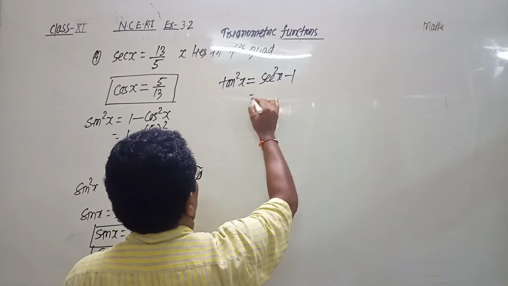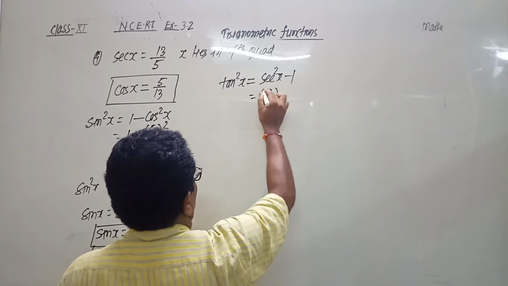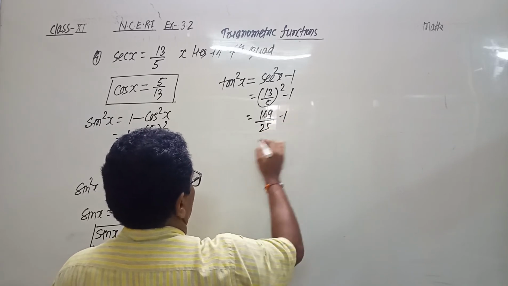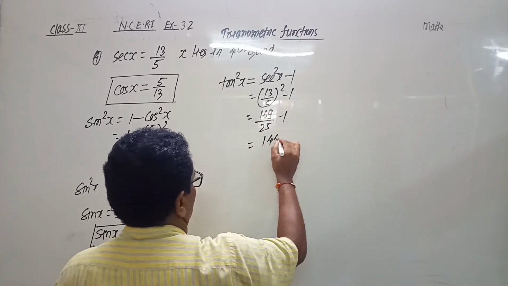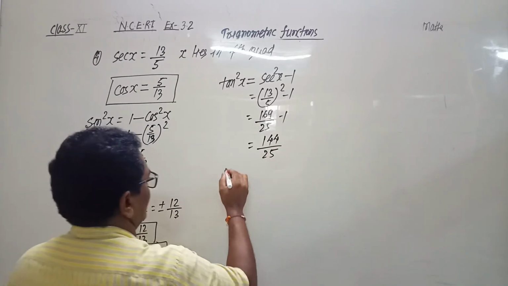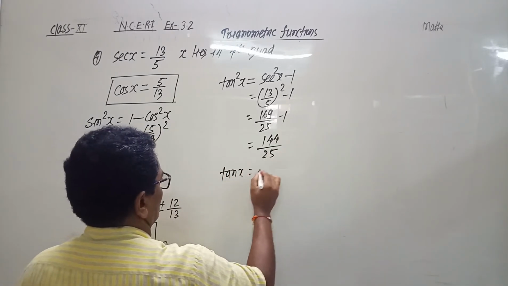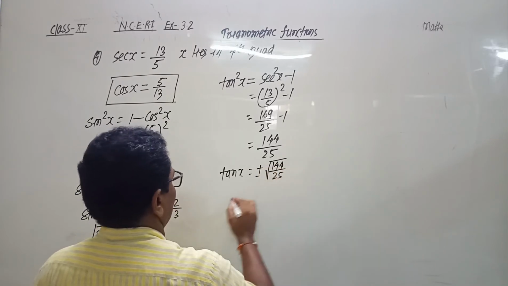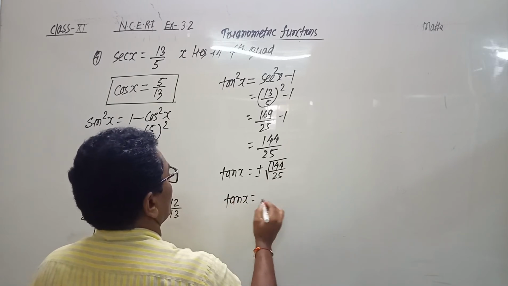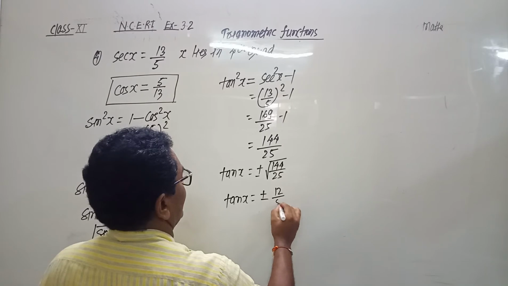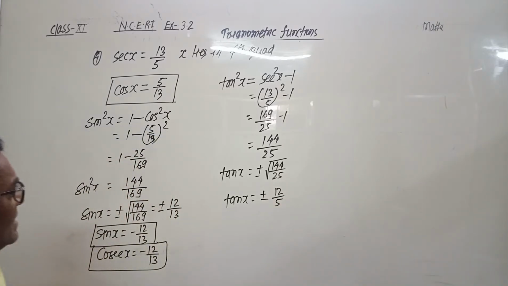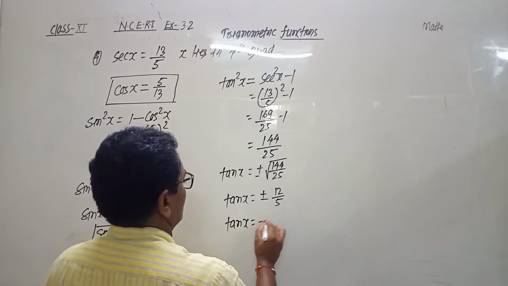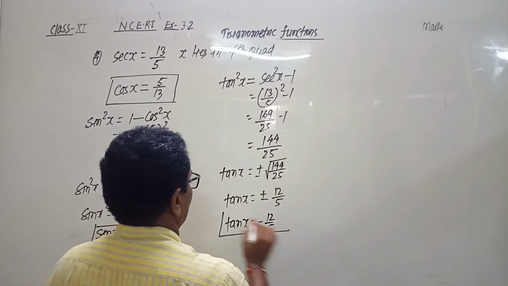So sec x is given 13/5, the whole square minus 1, 169/25 minus 1, 169 minus 25, 144/25, and tan x equals plus minus under root of 144/25, so tan x equals plus minus 12/5. And in the fourth quadrant, tan is negative. So we take the negative value, tan x equals minus 12/5.